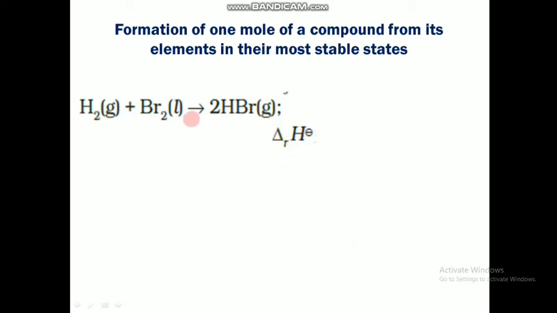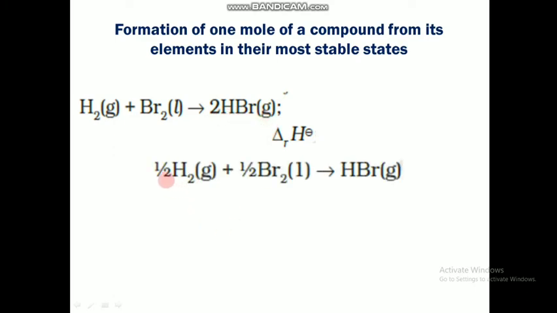But this reaction can show enthalpy of formation when we make a slight change to it. The elemental form is correct, but only the number of moles needs to change. If you divide the whole reaction by 2, then we will get 1 mole of HBr.